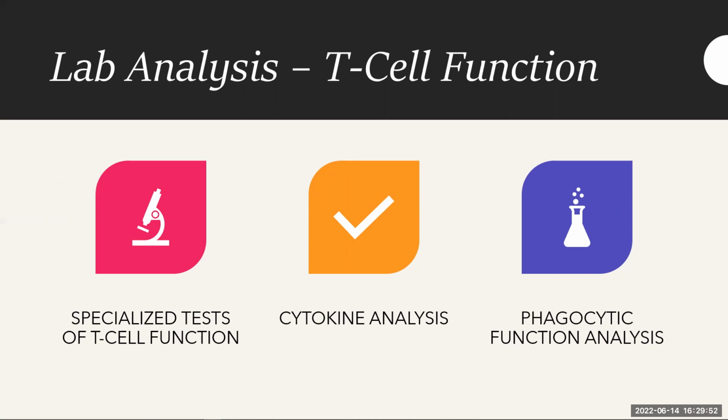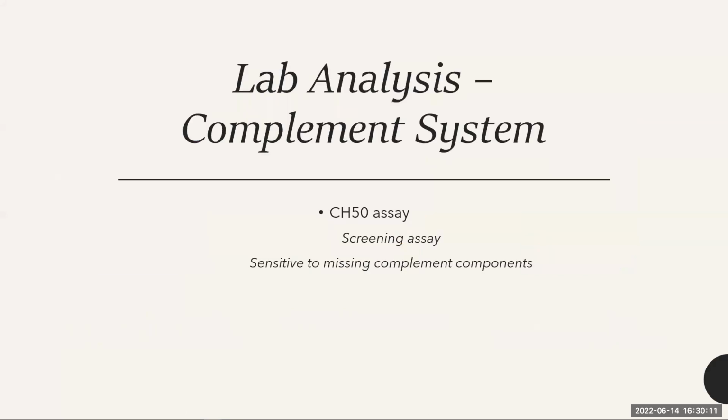The phagocytic function analysis: reductions in the phagocytic cell number, the macrophages, in the peripheral blood, and therefore collectively in the immune system, can be detected by using a white blood cell count and differential cell count. So finally, you'd want to look at the complement system. And the analysis for the complement system involves the CH50 assay.